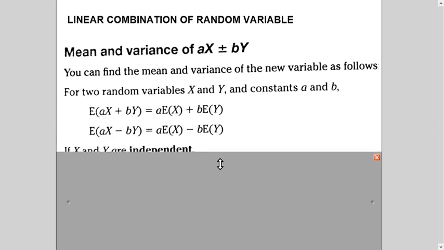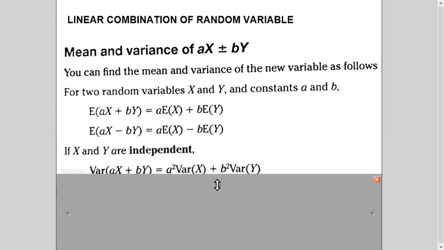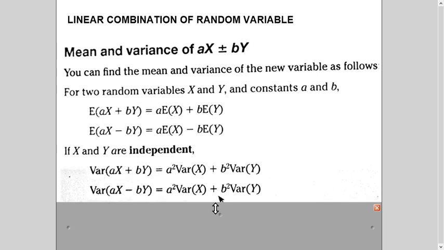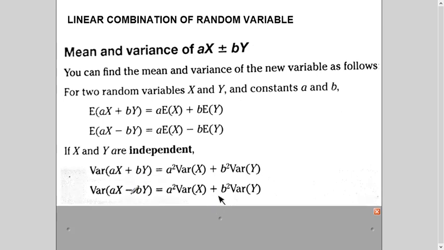You just need to recall this, where x and y are independent. Now, in the case of variance, like we have seen before, a becomes a squared times the variance of x, and b becomes b squared. The important thing to remember when applying this is that when you have minus, it remains plus in variance. This is very important to remember.